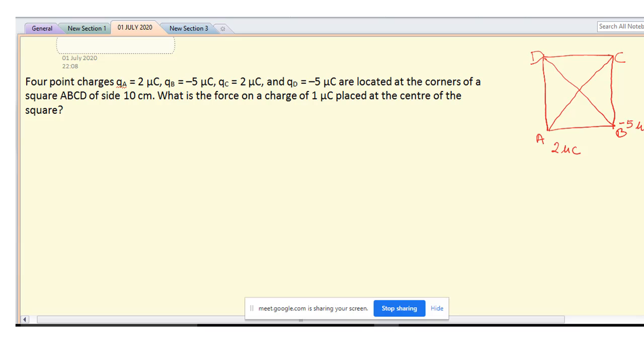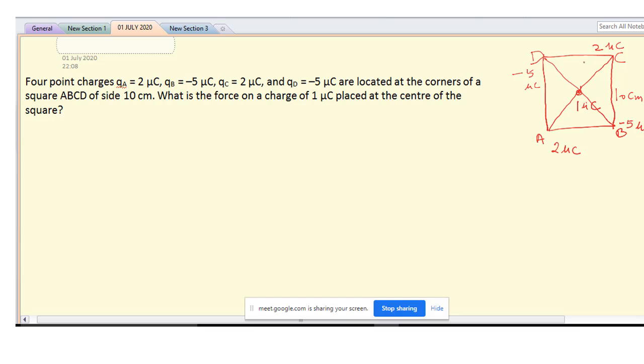Here the charge is again 2 microcoulomb and here the charge is minus 5 microcoulomb. Then this is the point where the 1 microcoulomb charge is placed. Clear? And the side of this square is 10 centimeter.